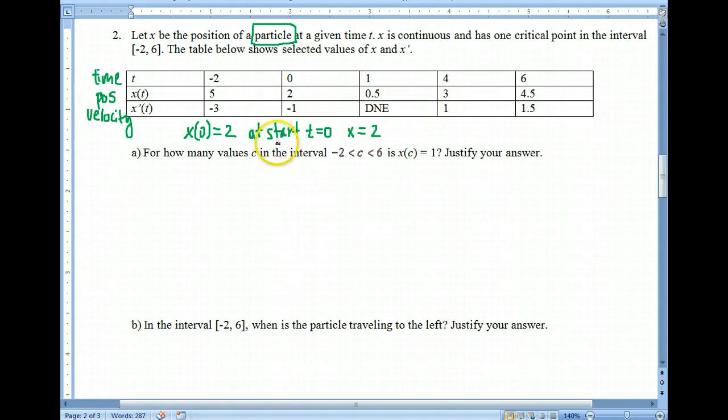Now what I'm asking is, which direction is it going? What is the velocity? So at start, t equals 0, x equals 2, and the velocity, x prime, equals negative 1. So what does that mean? Is it going to the left or to the right? Why? Negative velocity means you're going to the left.